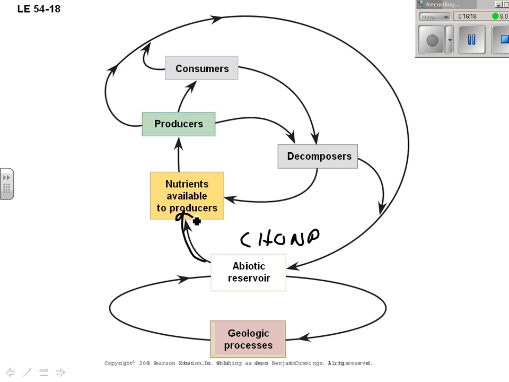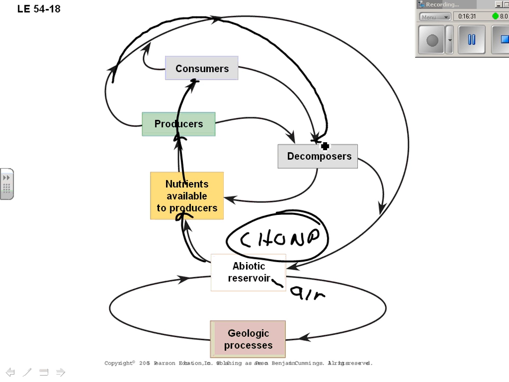Producers take them in. Plants take in these things somehow. The abiotic reservoir could be in the air, it could be in the soil, it could be whatever. Producers are eaten, passing them to consumers. They all die, become part of the abiotic reservoir again. Some of which die and get compressed and end up part of the earth again, and so on.